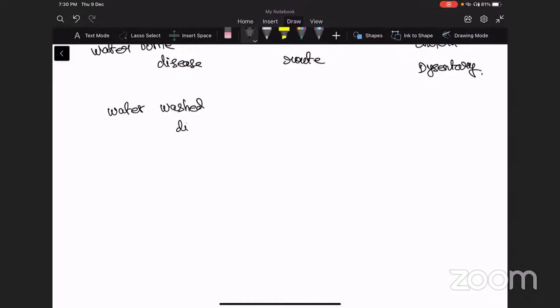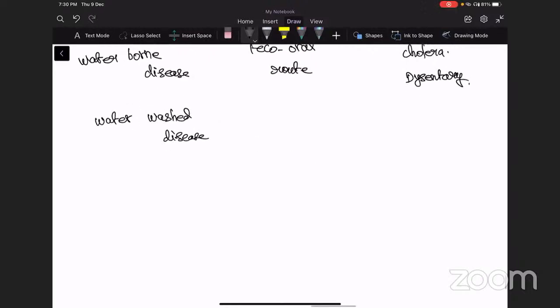When we have water-washed disease, the mode is going to be because of the improper hygiene or inadequate water use.